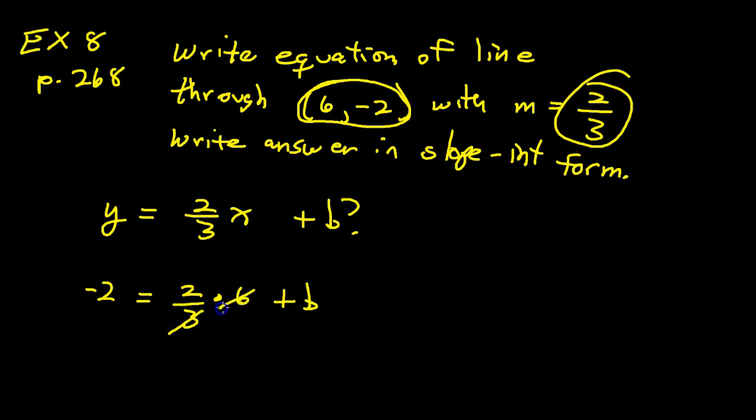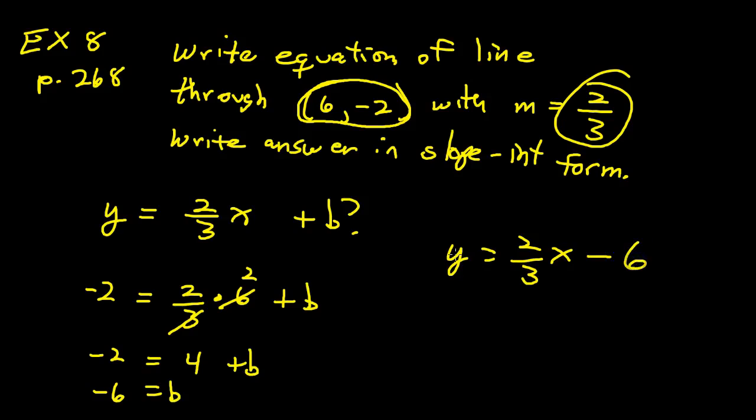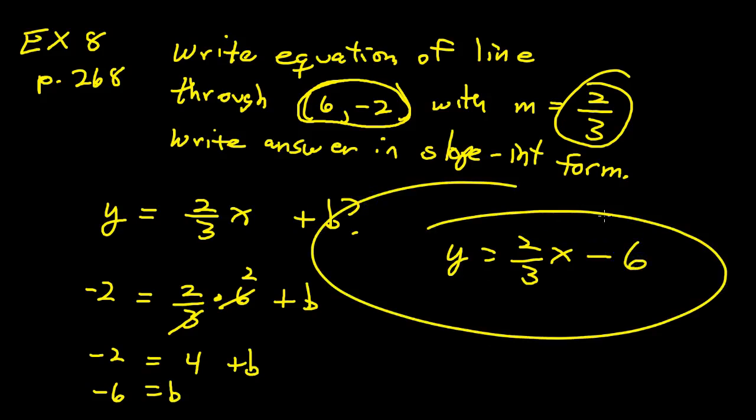All right, 3 cross cancels into 6 twice. 2 times 2 is 4, so I get -2 equals 4 plus b, and subtracting 4 from both sides, I get b equals -6. Not so bad. So y equals 2/3 x minus 6 is my final answer. Right? A line through a point with a given slope.